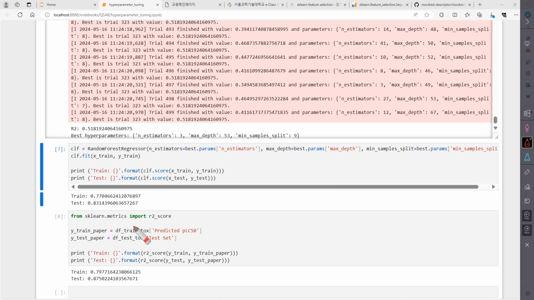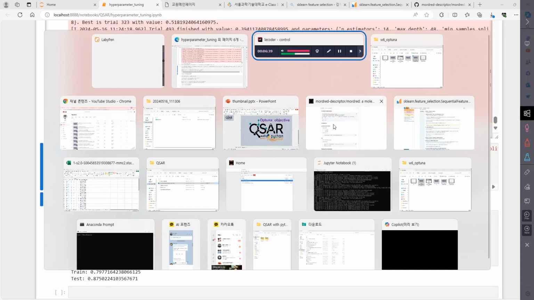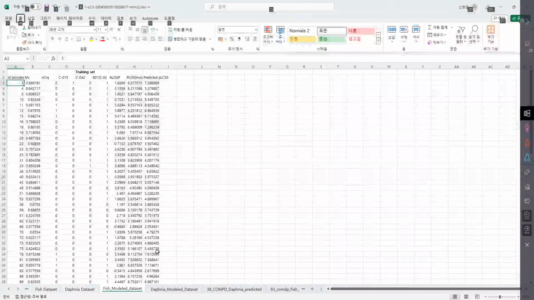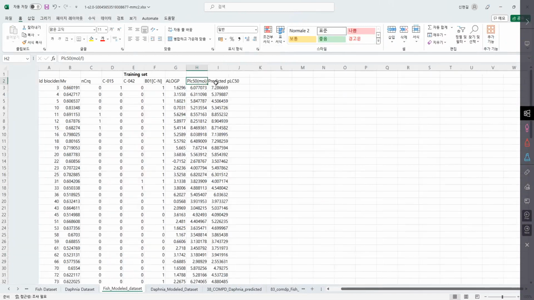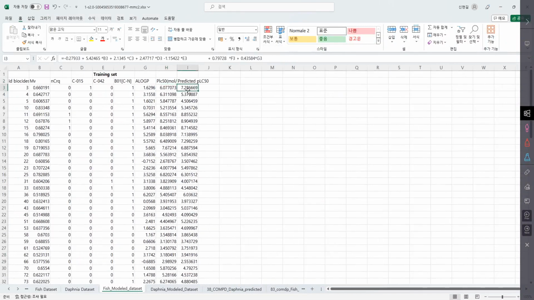So this is the result, and the last part of this is to check the author's prediction value. We are taking data from the research article. Here you see the author also developed a model, which is a linear model.